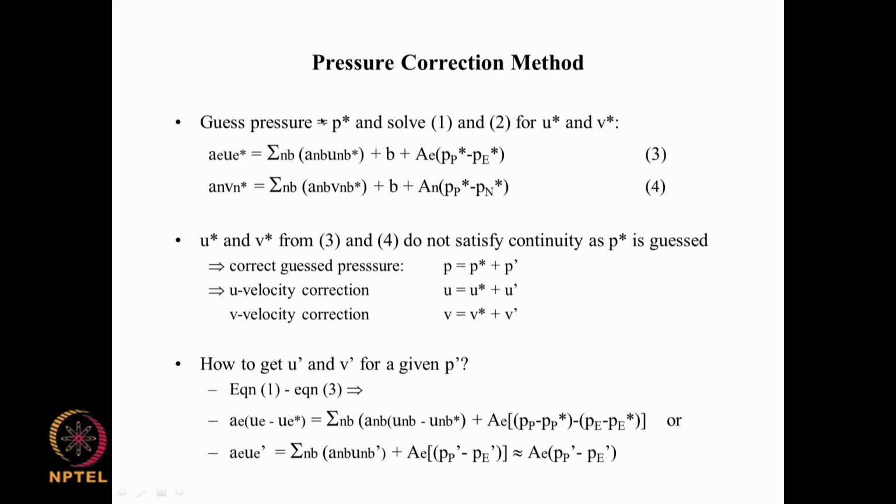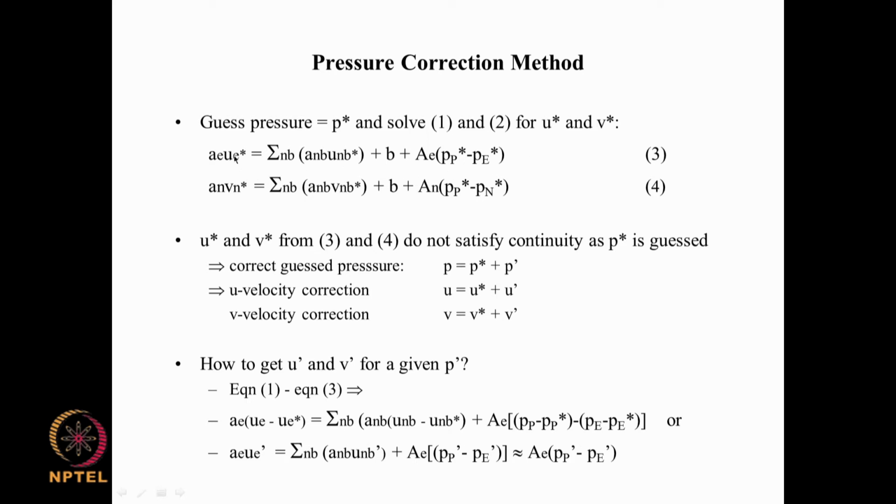So, we start with an assumed pressure field, and then we solve this equation, and on the right hand side this is known, b is known, and this gives you an implicit equation for the velocity component u. So, this becomes an equation like a u star equal to b. Okay.